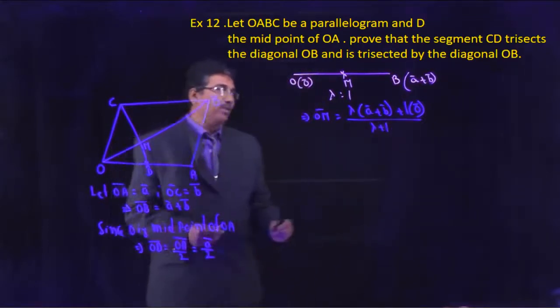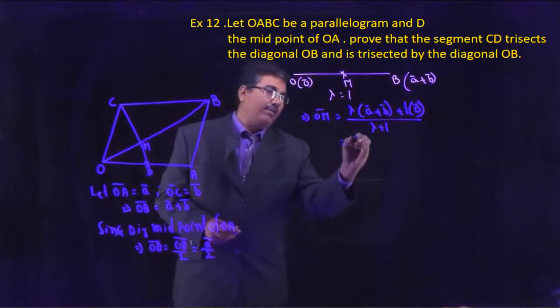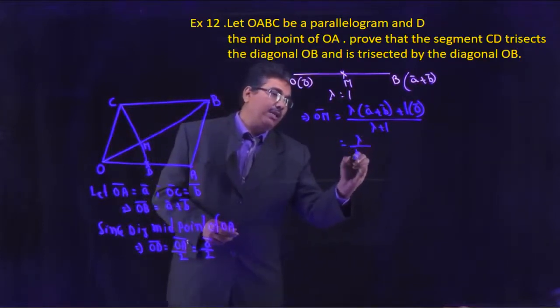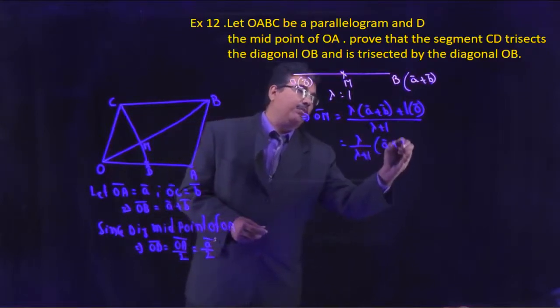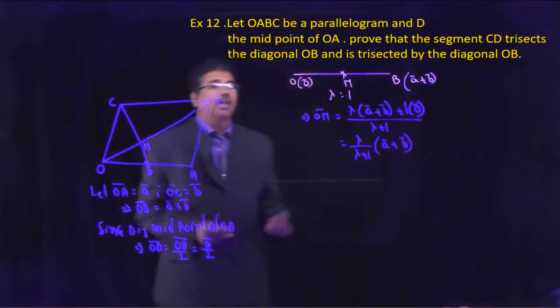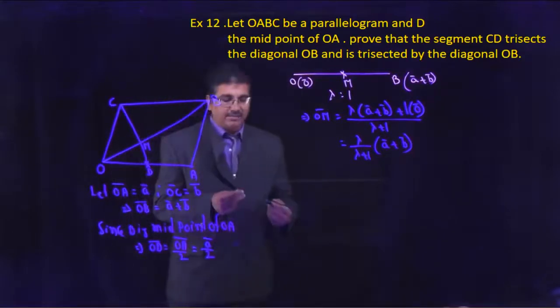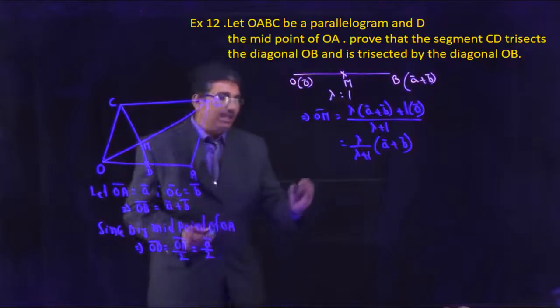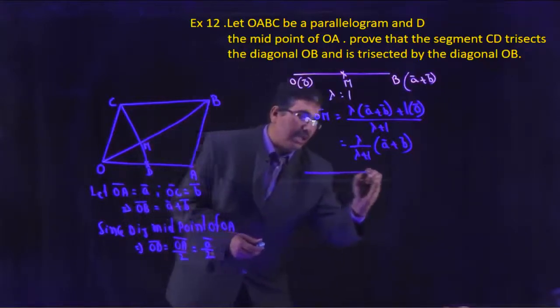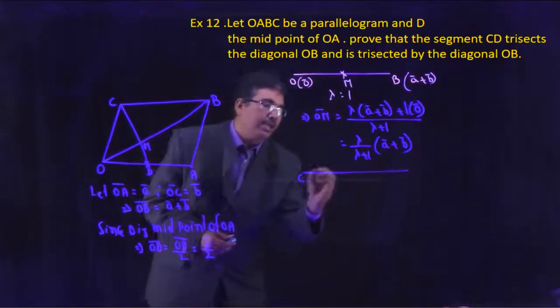That is equal to lambda by lambda plus 1 into A bar plus B bar. That is OM bar. M also lies on CD, right?